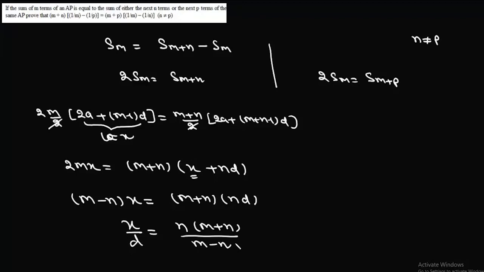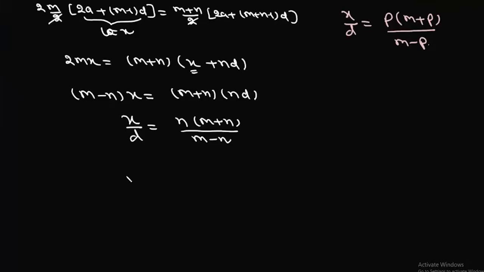Now similarly we can write it for this equation, and from here we'll get this x upon d as p into m plus p upon m minus p. Now we equate these two, we'll get n into m plus n upon m minus n, and that will be equal to p into m plus p upon m minus p.